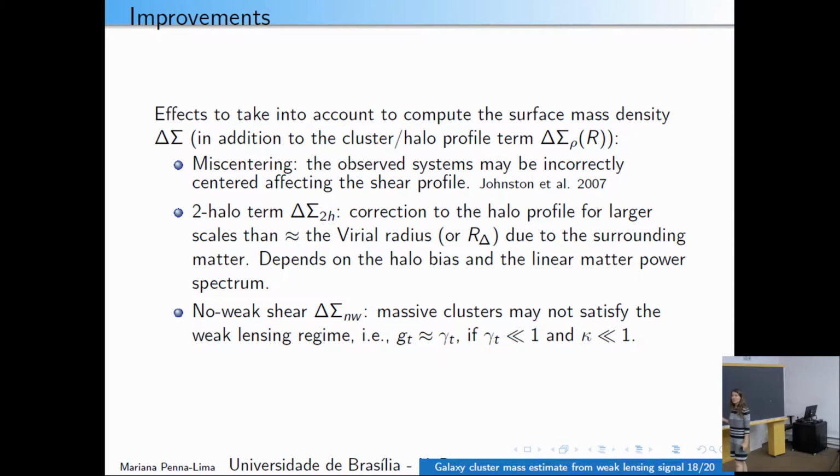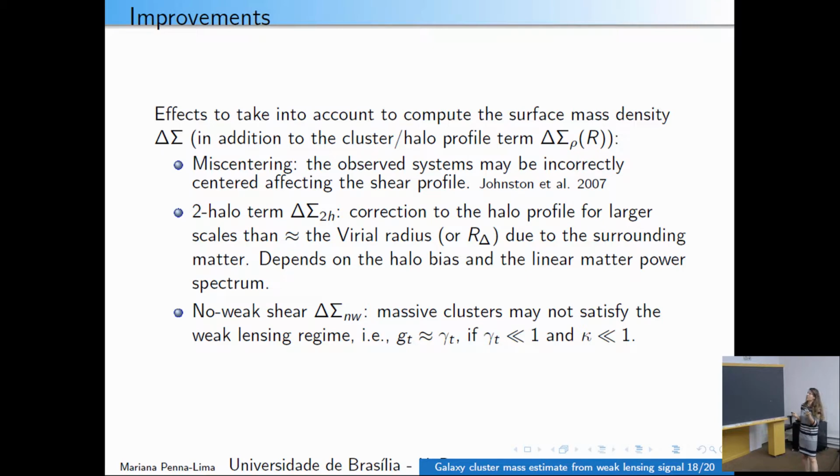As I mentioned, the surface mass density is being computed considering just the simplest component, which deals with the mass density profile. But we know that we have to include some corrections, like miscentering, as was previously mentioned today.